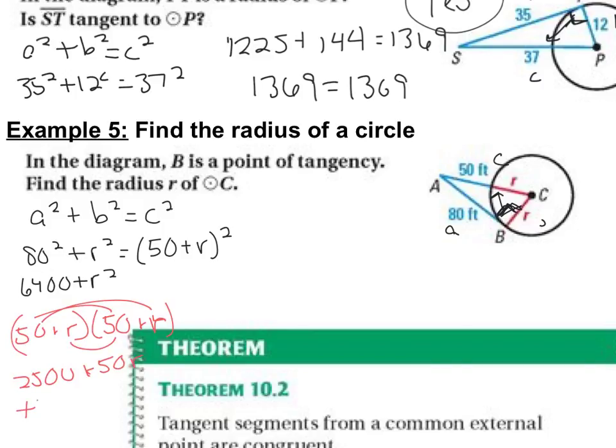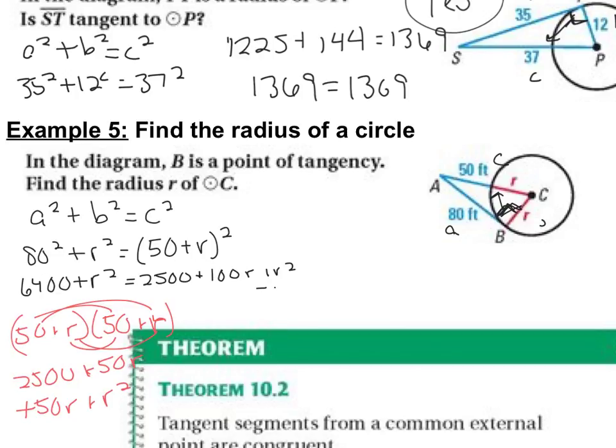R times 50 is another 50r. And then r times r is r squared. So when we do that, we will end up with 2,500 plus 100r plus r squared.